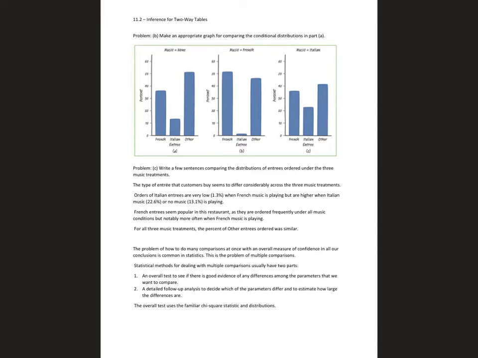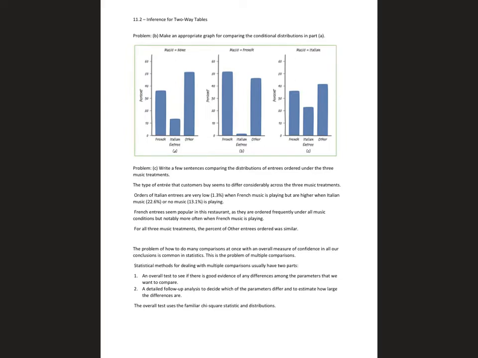French entrees seem to be pretty consistent in the restaurant, as they are ordered more frequently under all music conditions. And for all three music treatments, the percent of other entrees was similar. So it didn't matter what type of music was playing, the other category for entree is pretty much the same.